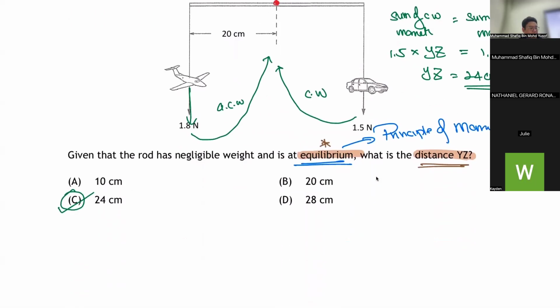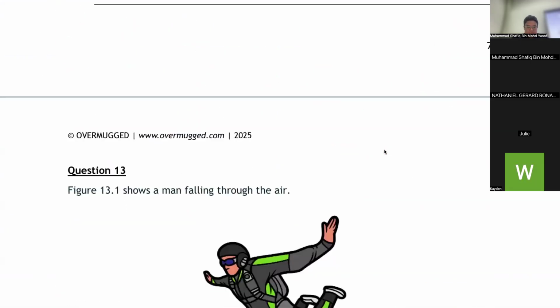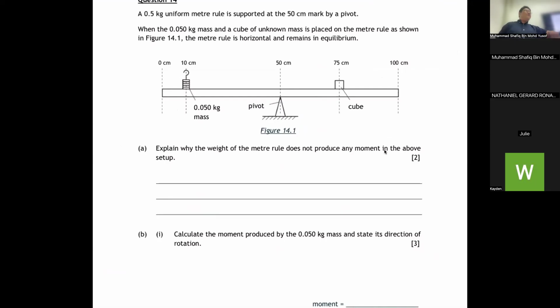So can you all take a look at question 40 now? Where's 40? This one. Okay, so this one, I will give you all about 5 minutes.